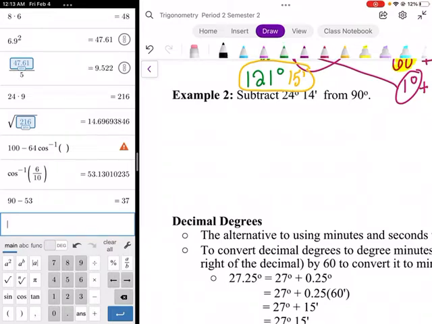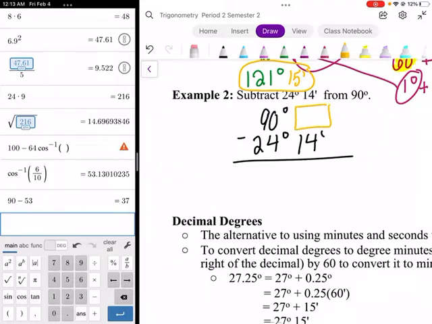We can also subtract working with degree minutes. So for this one, we're going to start with 90 degrees, and we're going to subtract 24 degrees and 14 minutes. And if we don't have any minutes in what we're subtracting from, we can just borrow. So from the 90, we're going to take away 1 degree.